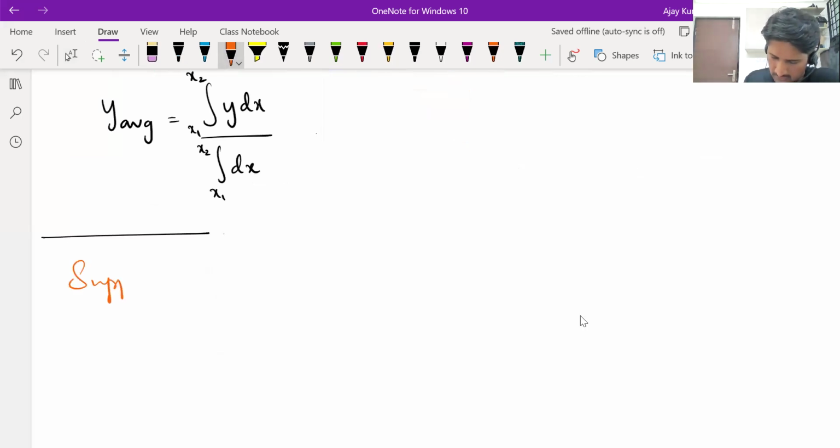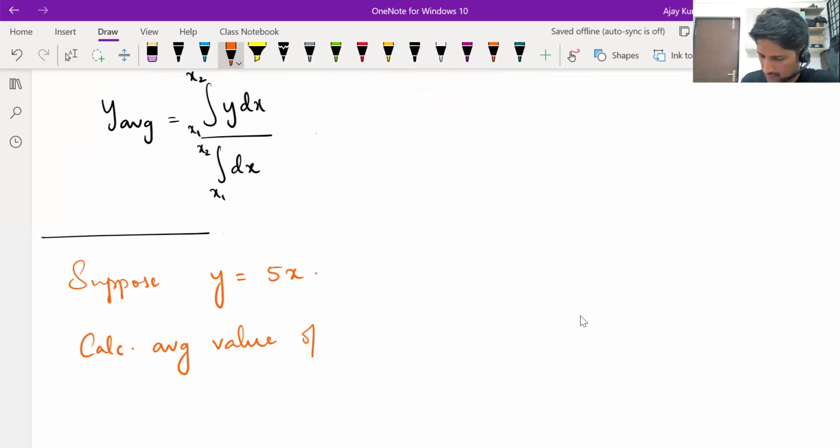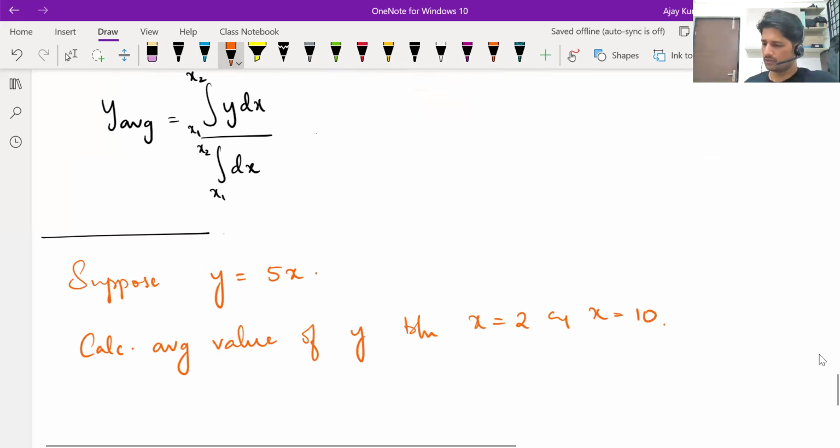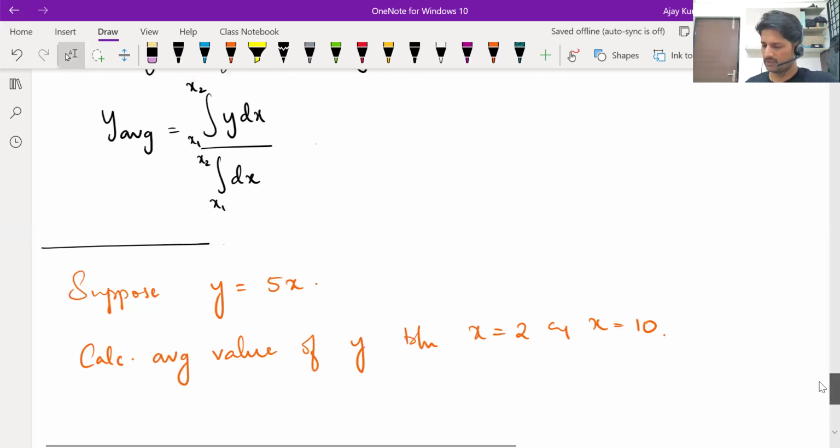Suppose y is equal to 5x. I want you all to calculate the average value of y between x is equal to 2 and x is equal to 10. Do this, all of you. Use the integration formula that we have written above.